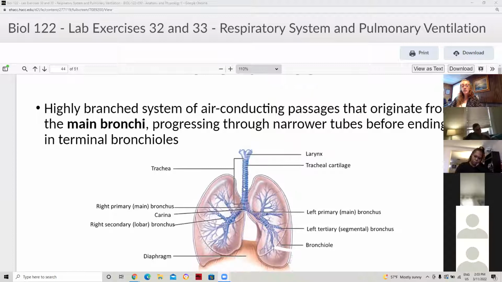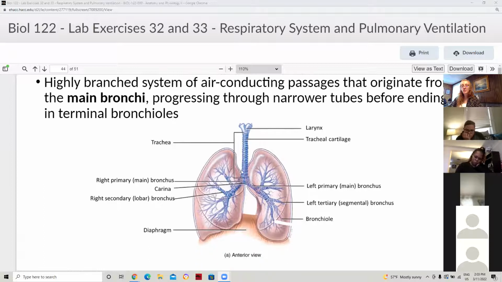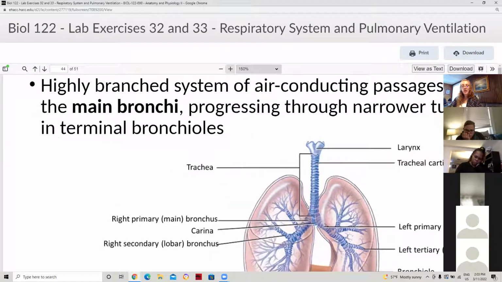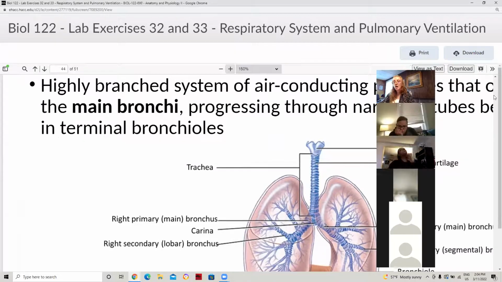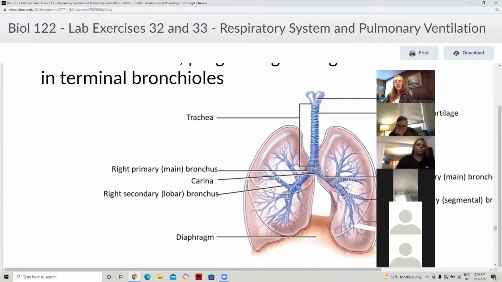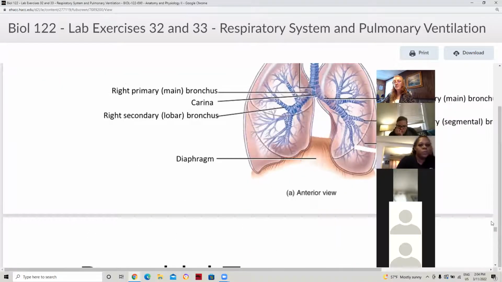The bronchial tree is this highly branched system of air conducting passageways that originate from the main bronchi and progress through narrower tubes before terminating in the bronchioles and the alveoli.